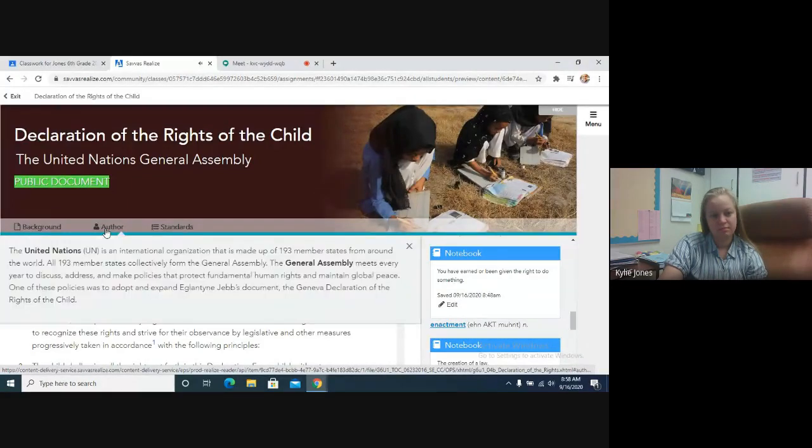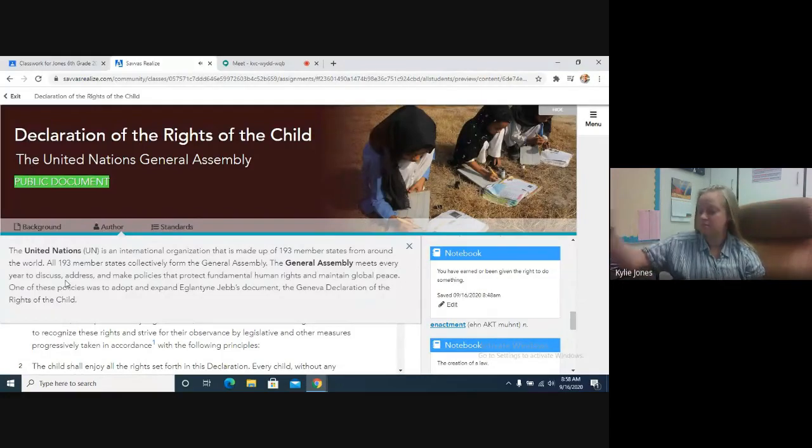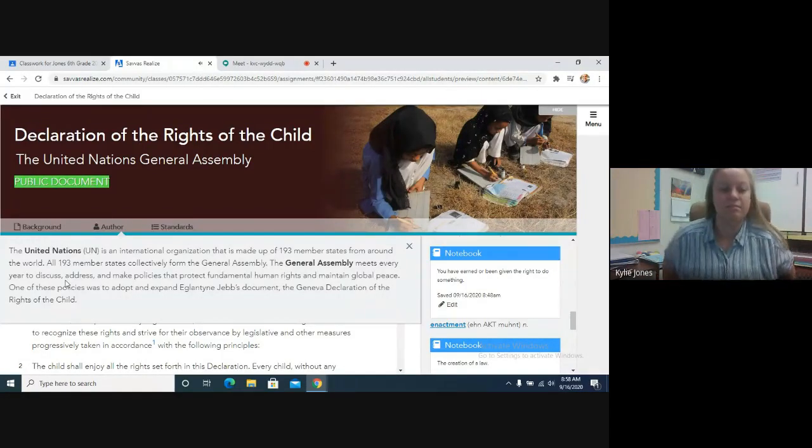About the United Nations. The United Nations, UN, is an international organization that is made up of 193 member states from around the world. All 193 member states collectively form the General Assembly. The General Assembly meets every year to discuss, address, and make policies that protect fundamental human rights and maintain global peace. One of these policies was to adapt and expand Eglantine Jebb's document, the Geneva Declaration of the Rights of the Child.